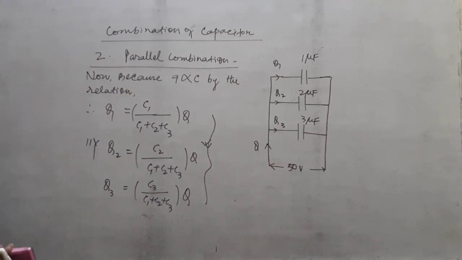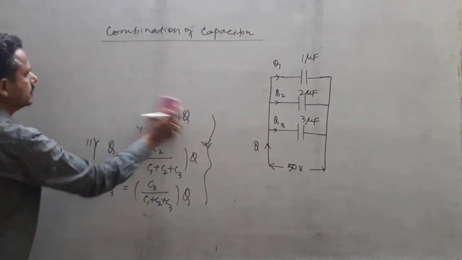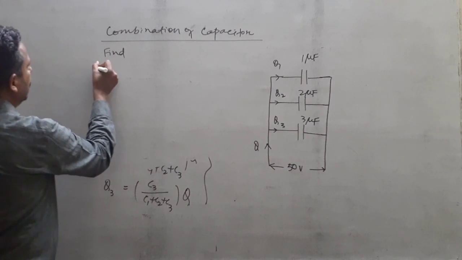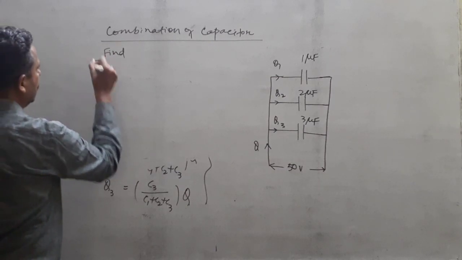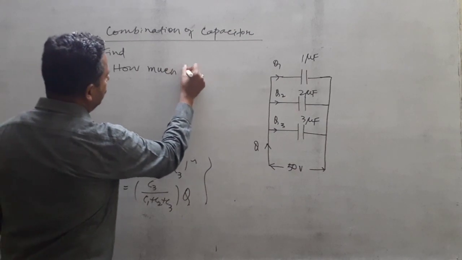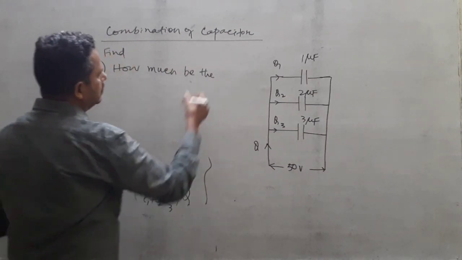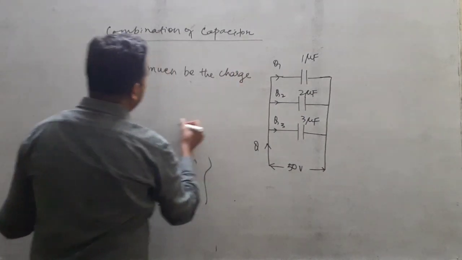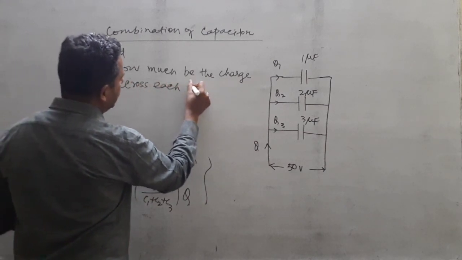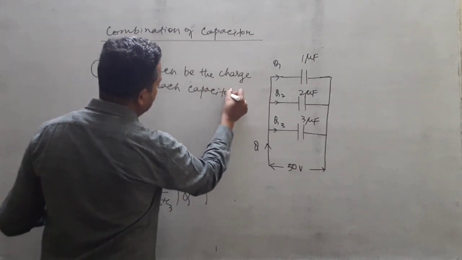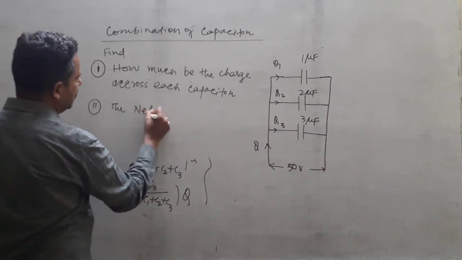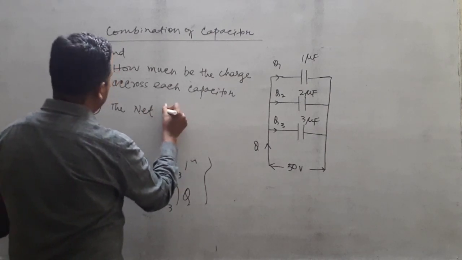Then find, number one, the charge across each capacitor, and before that we find the net capacitance.